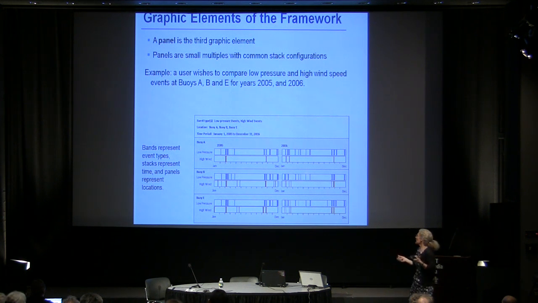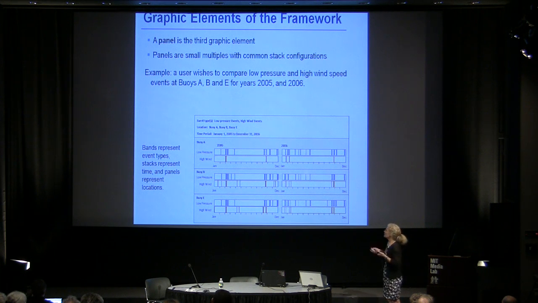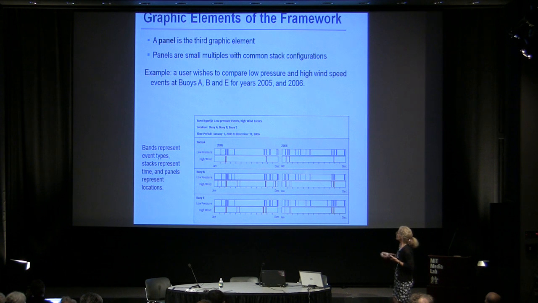You start to build up a picture over space and time and themes. What are things that are happening, and how can I start to compare them? In this case, I can look at what happens between 3 different locations, 2 years, and 2 different types of events.